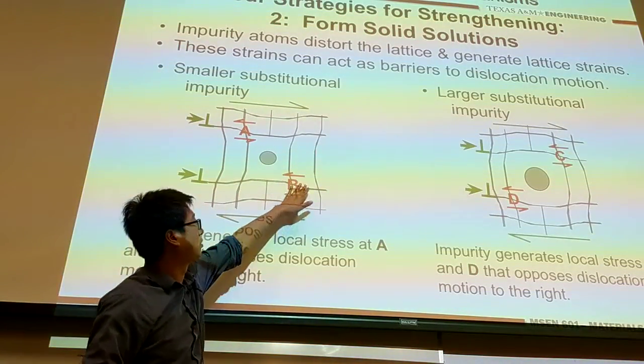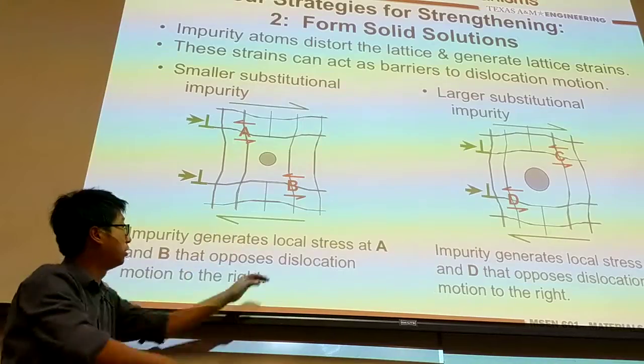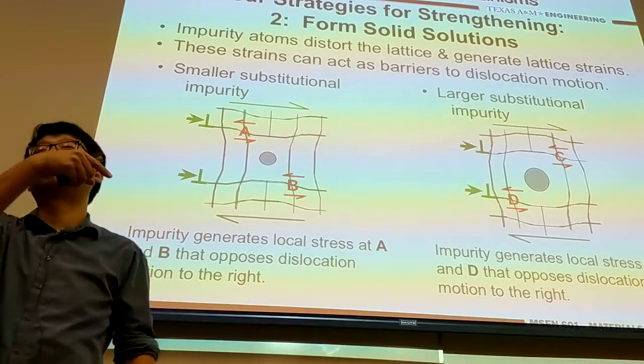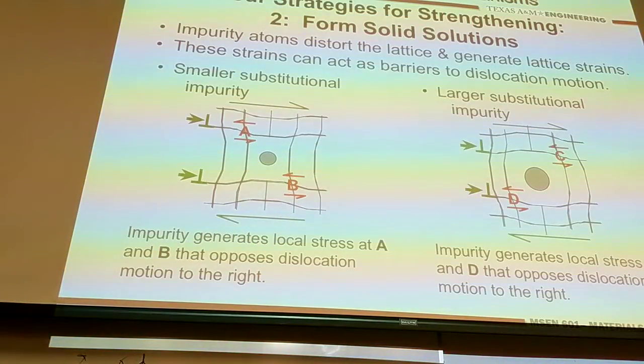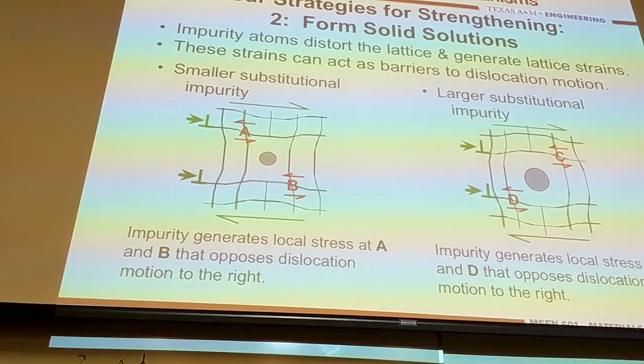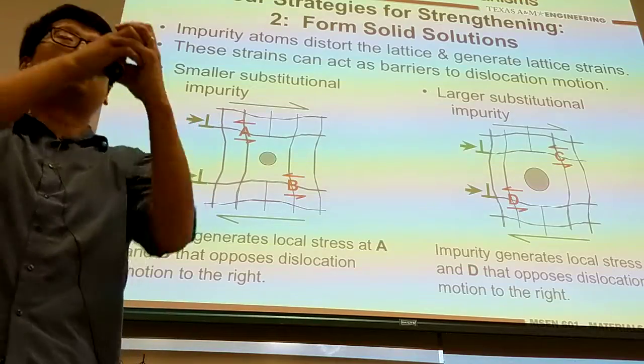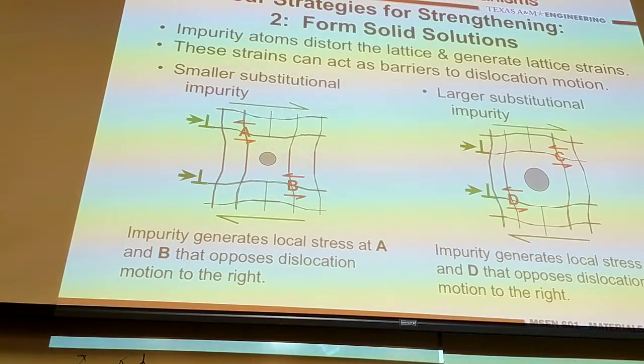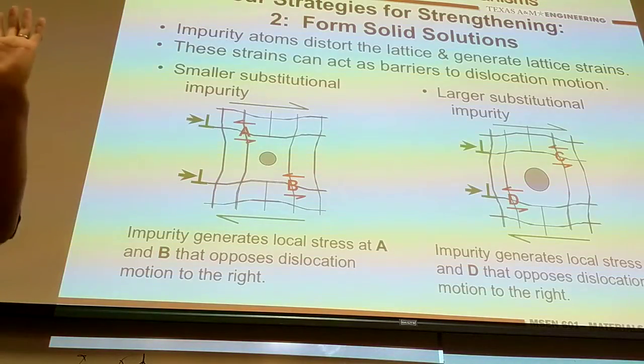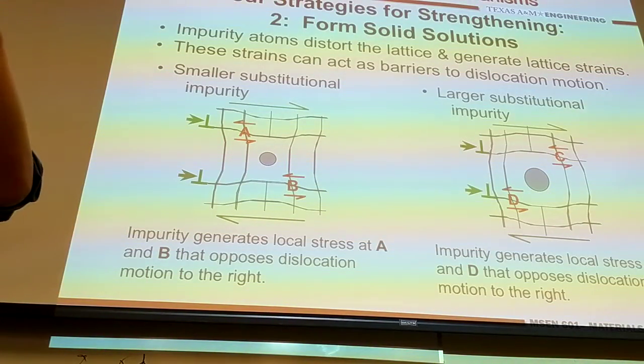But the problem is that on the bottom right corner, at the B point, you have stress also counter to the dislocation. So the key is that impurity atoms with different size generate a lot of stress near the atom. Then when a dislocation comes through this local region, you will slow down the dislocation motion.